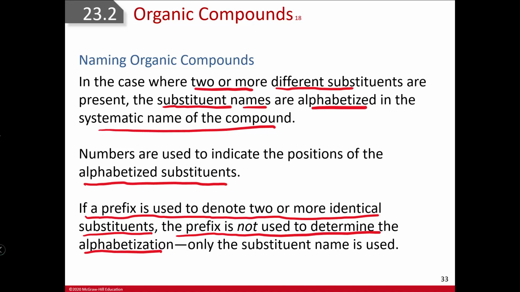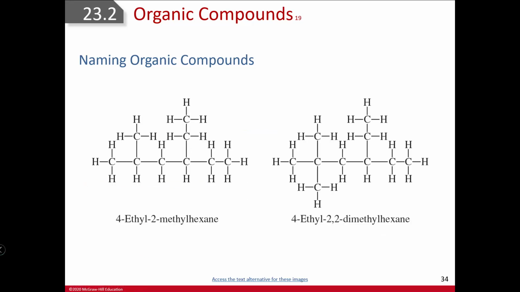So even though it's dimethyl, methyl starts with an M, ethyl starts with an E. Ethyl should come first. You may want to stop and think about this. This is an important slide. I see a lot of students make mistakes based off what's on this slide here. All right, let's put it to practice.